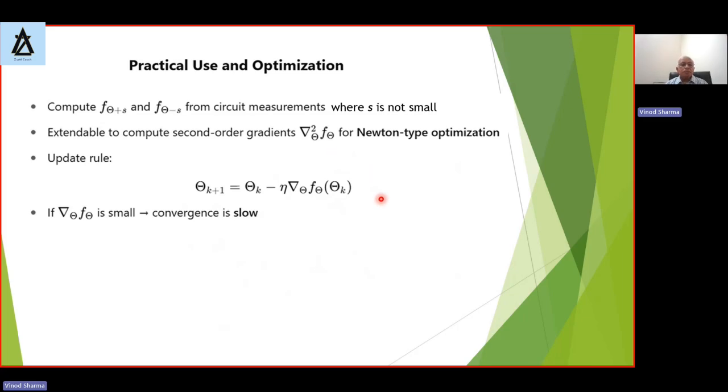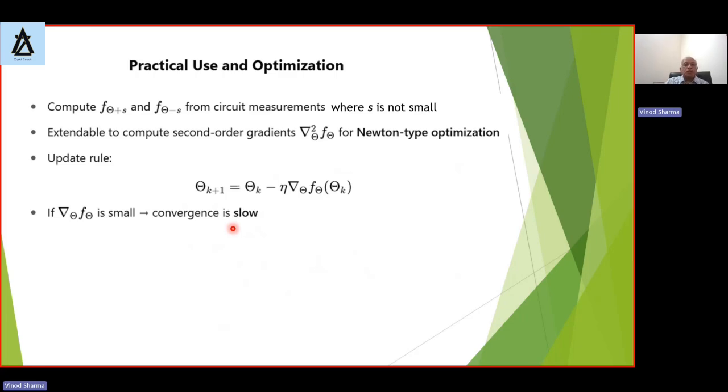So finally, we are back to, in the case of gradient descent, theta k plus 1 is equal to theta k minus eta times the gradient of f at theta k. This is going to be computed as above, eta is some small positive constant. In this algorithm, if this quantity here becomes small, then the convergence does become slow.